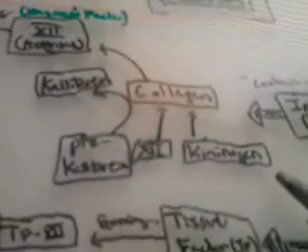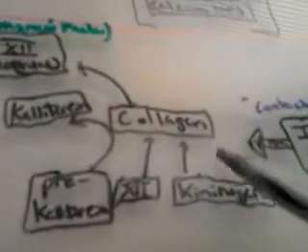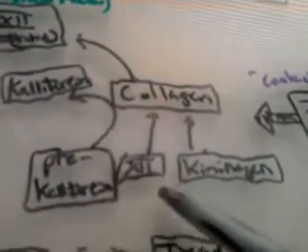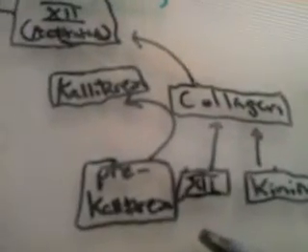Let's talk about the intrinsic pathway for a second. So going back over here to the coagulation cascade of secondary coagulation, the intrinsic pathway, or the contact activation pathway, begins with a few things going on here. So you have collagen, which is activated by kininogen and factor 12, and you have kallikreins.